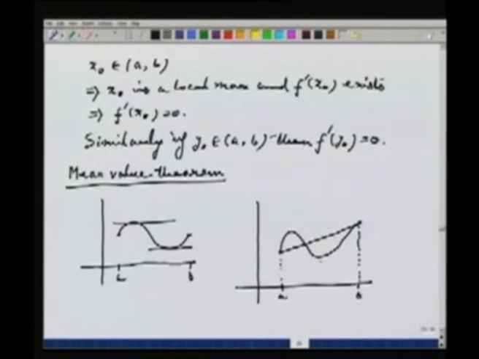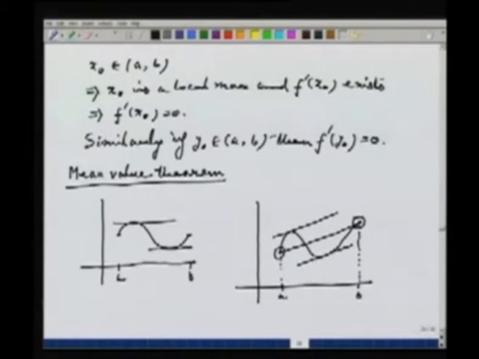From the picture I can see that there are points, for example, if I look at the tangent here or the tangent here, they are parallel to the line joining these 2 points. Now how do I explain this geometrically in terms of the derivative?